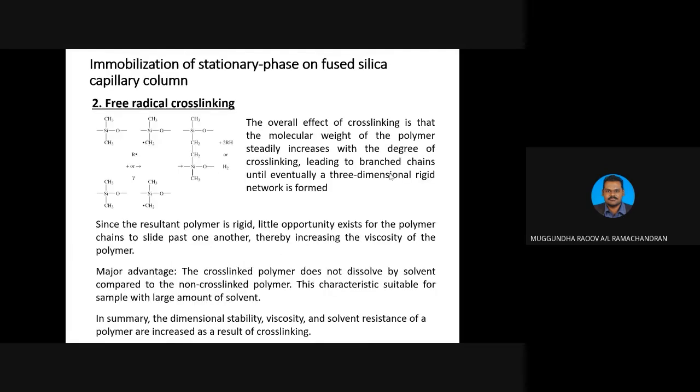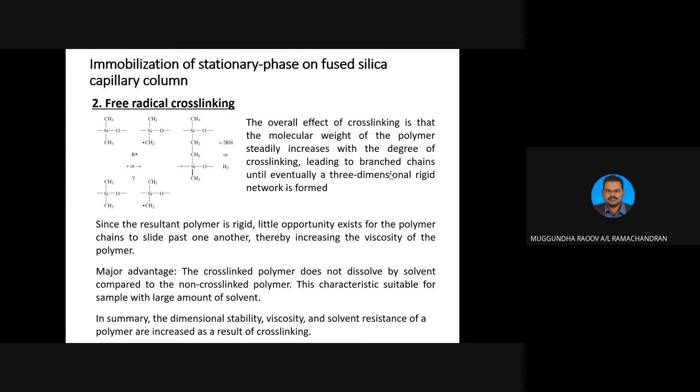Another one is the free radical cross-linking. The overall effect of cross-linking is that the molecular weight of the polymer will increase with the degree of cross-linking, and it will lead to branched chains until eventually a three-dimensional rigid network is formed. Since the resultant polymer is rigid, little opportunity exists for the polymer chains to slide past one another.